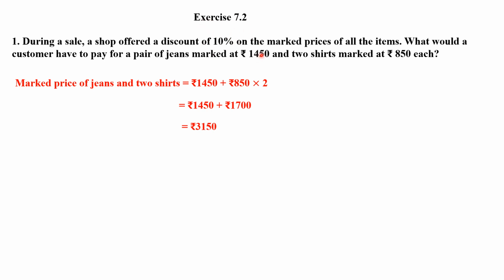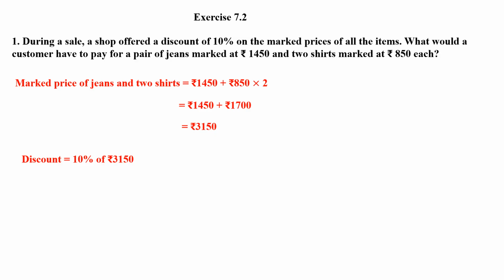The shopkeeper was giving a discount of 10%. So that discount you have to calculate on the marked price of the item. So here my marked price is 3150 rupees. So the actual discount amount will be 10% of 3150 rupees. So discount is 10% of 3150 rupees.